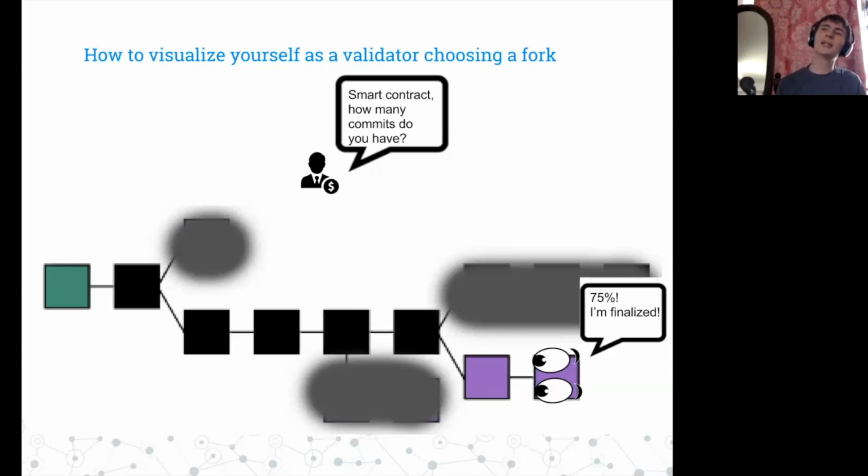This may be alleviated when we get to a situation where we're not using proof of work between these two epochs.